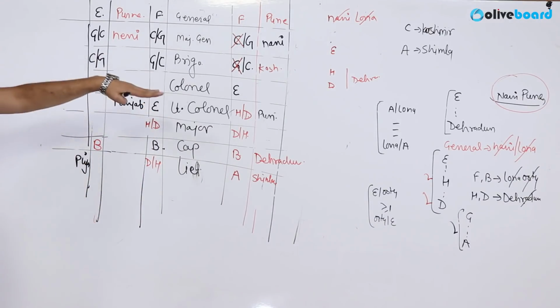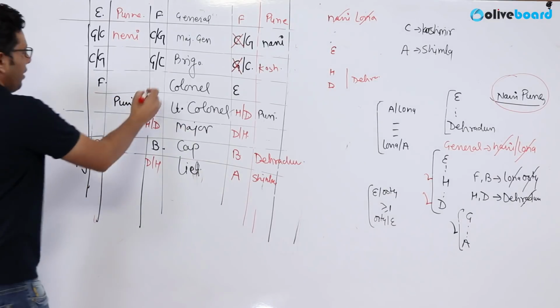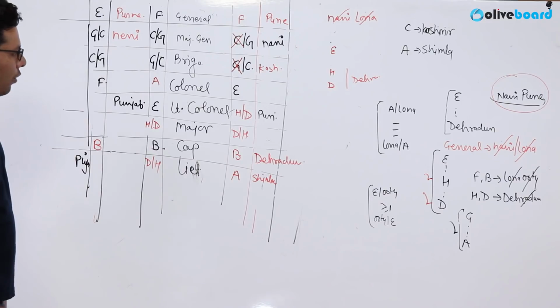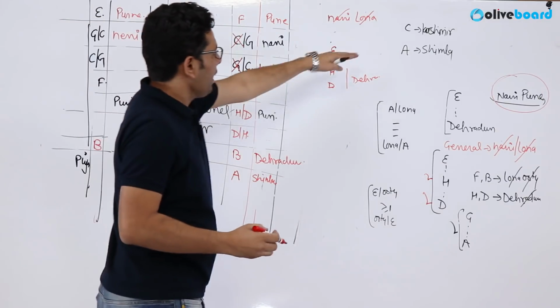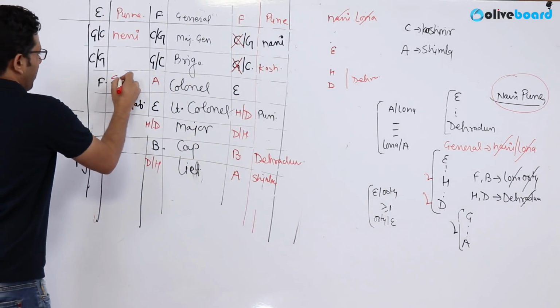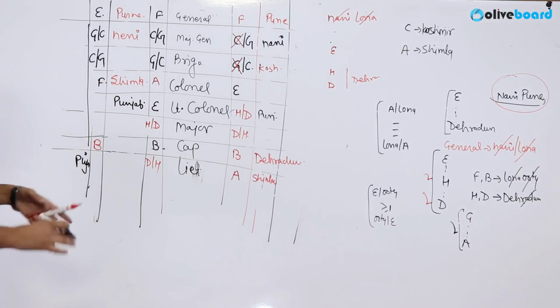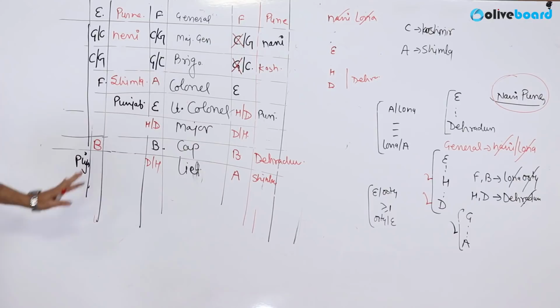And G is above the A, and A will be here. And what was the data for the A? A likes Shimla. Yet these two cities are not getting cleared.